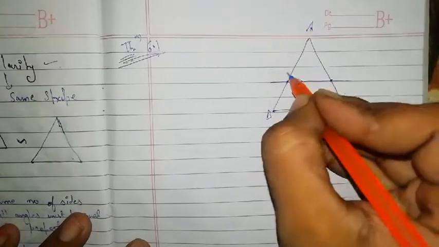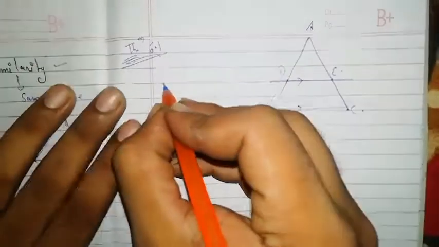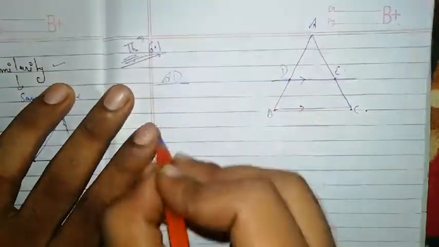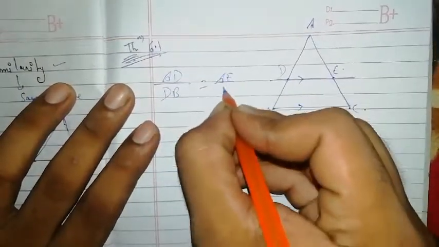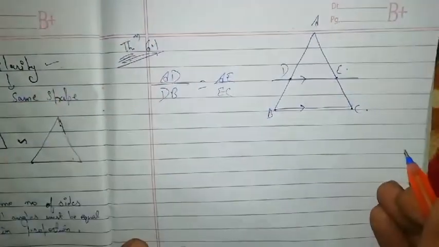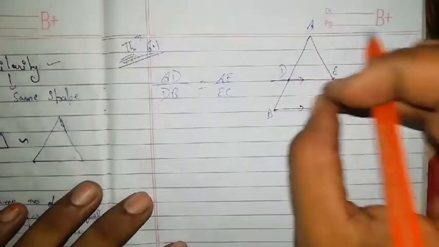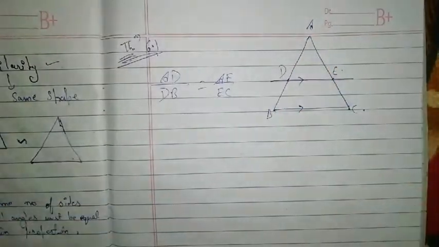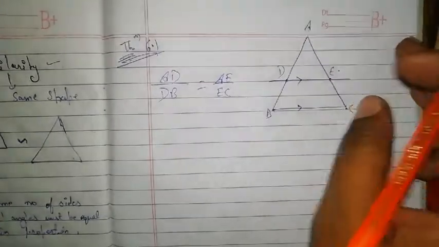Suppose this point is D, this point is E, so it says that AD upon DB is equal to AE upon EC. Okay, means it is dividing both the other lines in the same ratio. Okay, this is our theorem number 6.1.